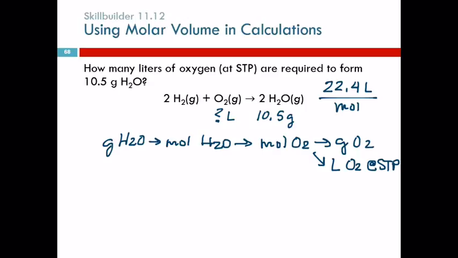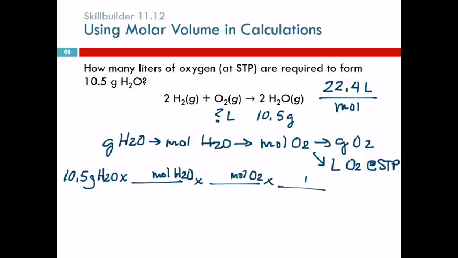So we're going to start with the grams of water, 10.5 grams of water, and we're going to convert to moles of water and moles of oxygen, and then we're going to go directly to liters of oxygen. And we could use the ideal gas law to go from moles to liters, but 22.4 is faster.